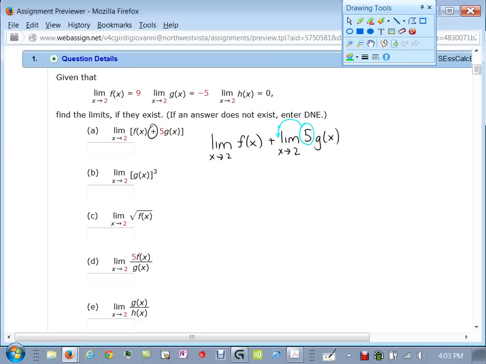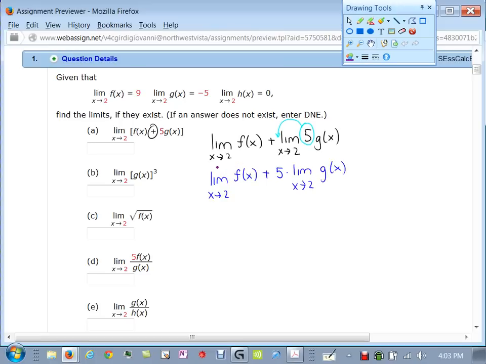That's another property of limits. So what I get now is limit x approaches 2 of f of x plus 5 times the limit as x approaches 2 of g of x.